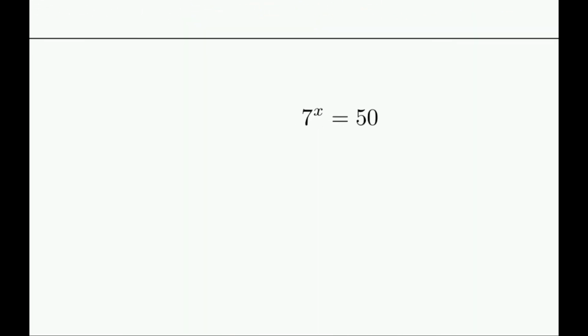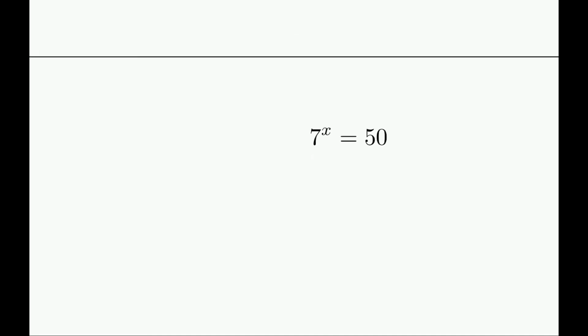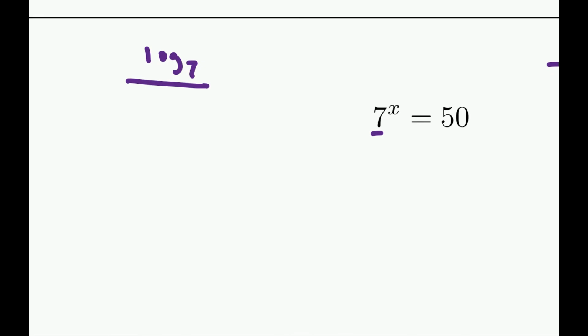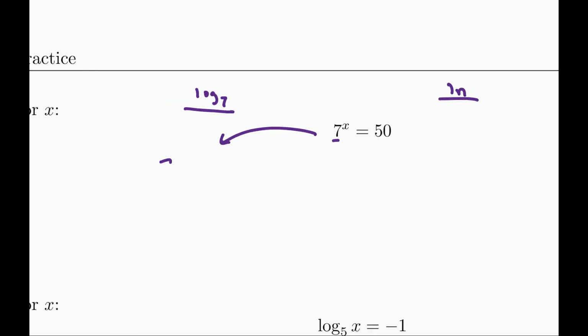But there are a few different ways to do this. So one way would be with, I'll say log 7, because this is a 7, and the other one, I'll just do a natural log. So there's going to be 2 different ways here, and we'll see we'll end up with the same answer. So if we start with this, 7 to the x equals 50.